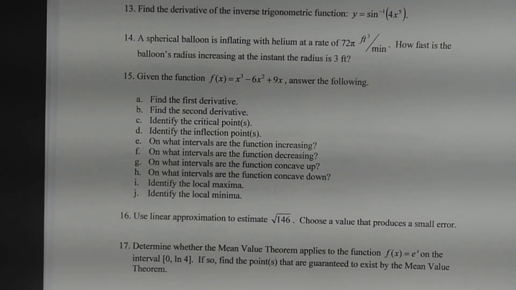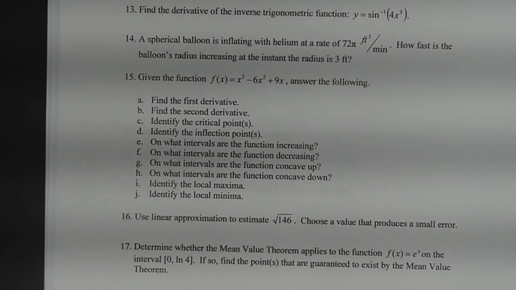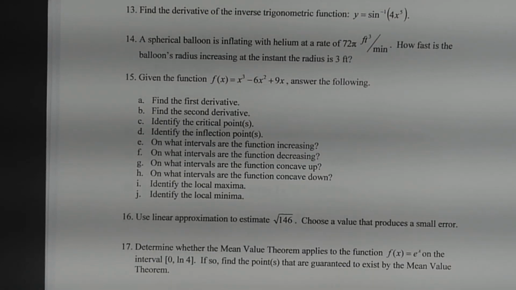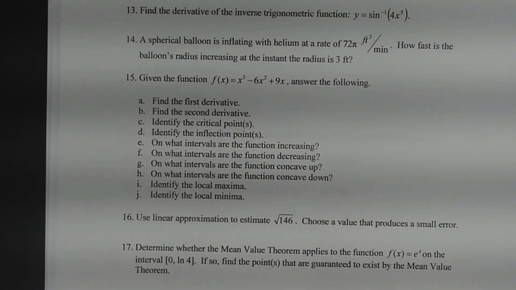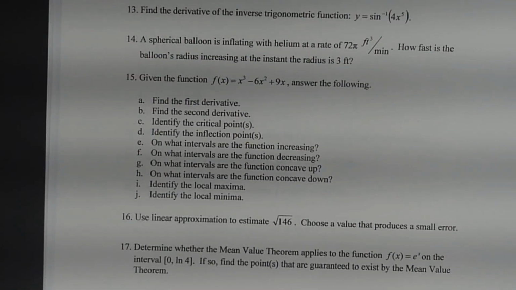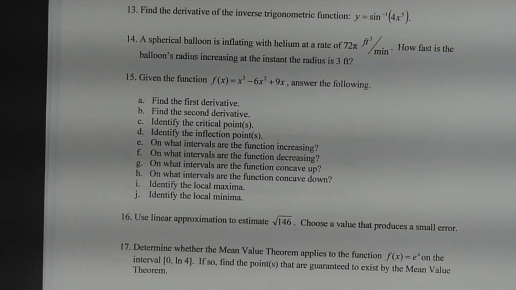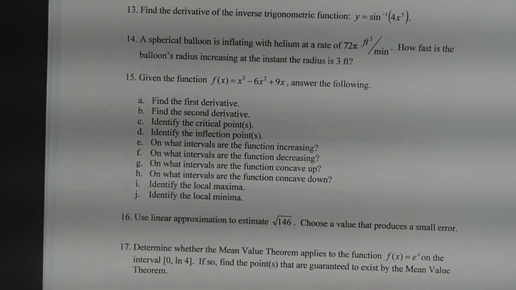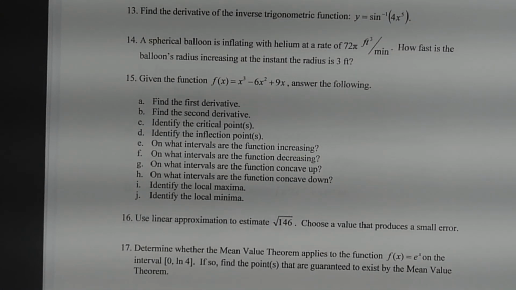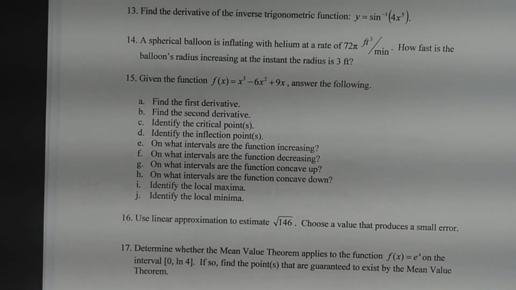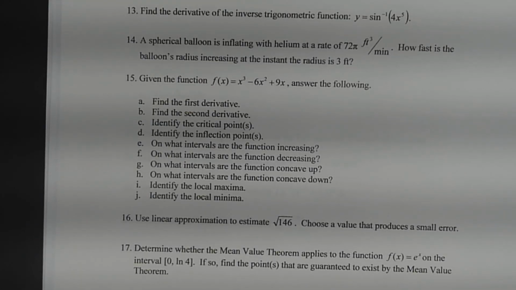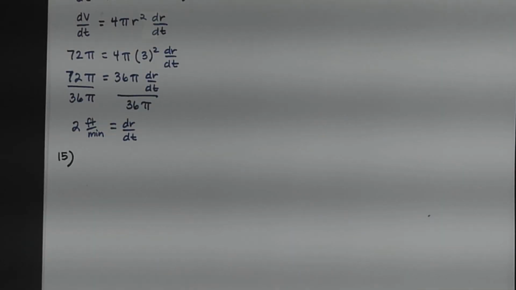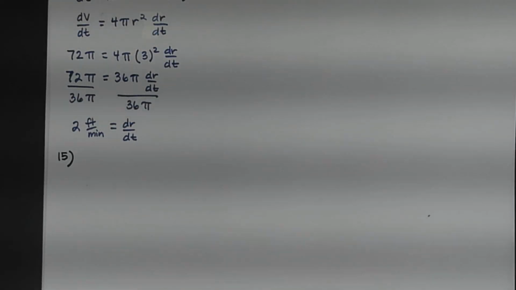Part A, first find the derivative, then find the second derivative, identify your critical points, identify the inflection points, and then on what intervals is the function increasing, on what intervals is the function decreasing, on which intervals is the function concave up, on which intervals is the function concave down, and identify your local maxima and local minima. 10 parts to this problem.